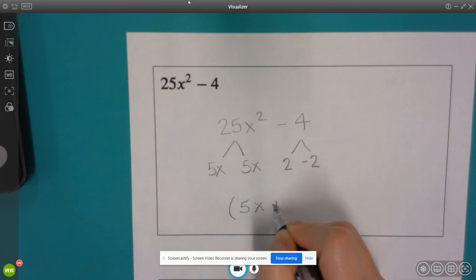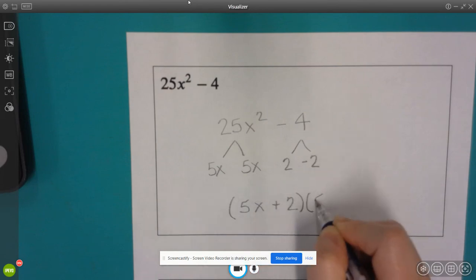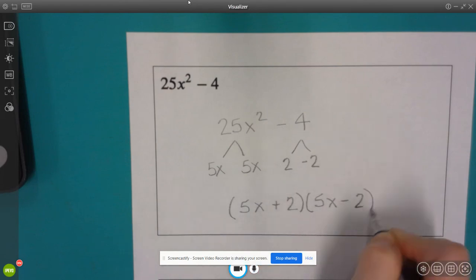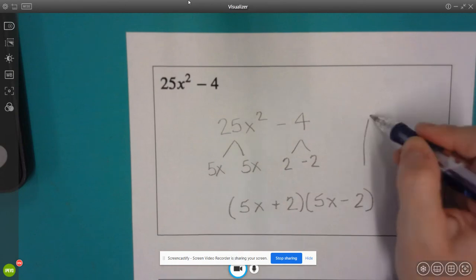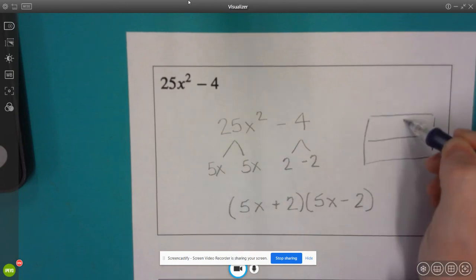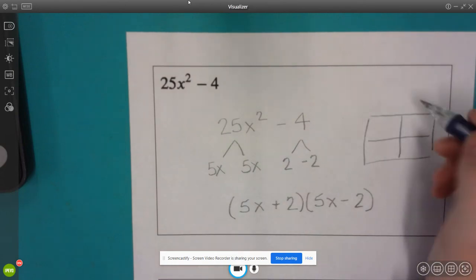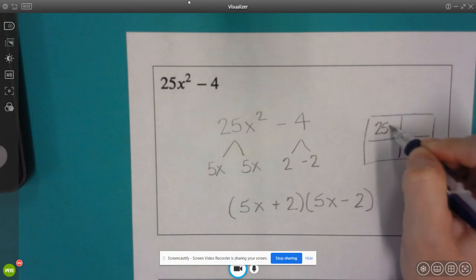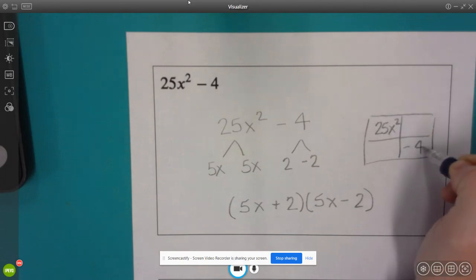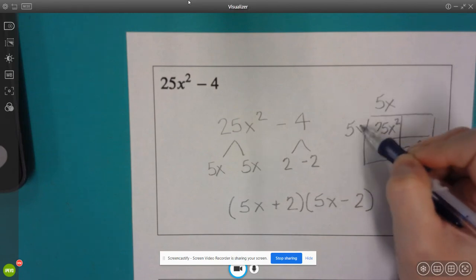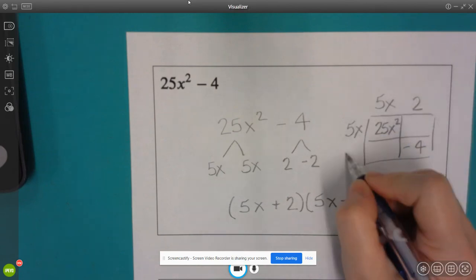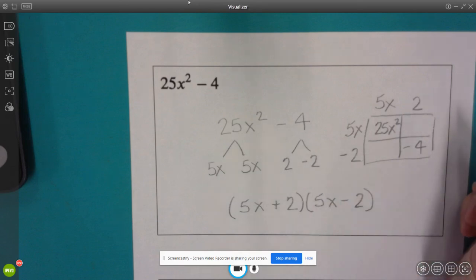So this factorization actually uses the perfect squares to create our factorization. And I'm going to show you what this would look like in the box really quick. So this would be 25x squared, and this would be negative 4. So this would be 5x and 5x, and I know this would be 2 and negative 2.